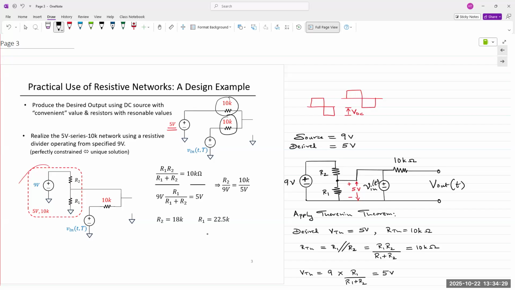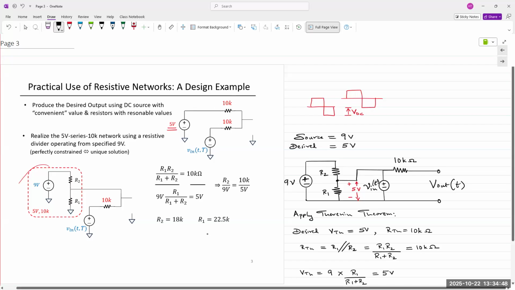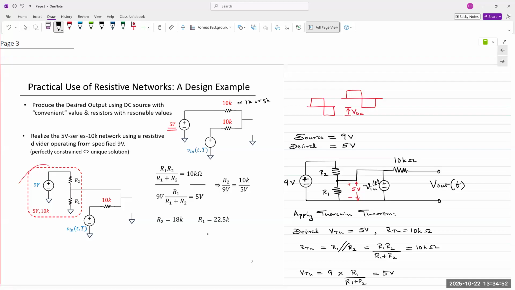We could choose like 5 kilo ohms. We could choose 100 kilo ohms. It would not really matter for the purposes of this design, because there's no other value provided to us. We simply make an assumption and kind of roll with it. So we could solve this design with either 10K or using 1K or 5K or any value for that matter.